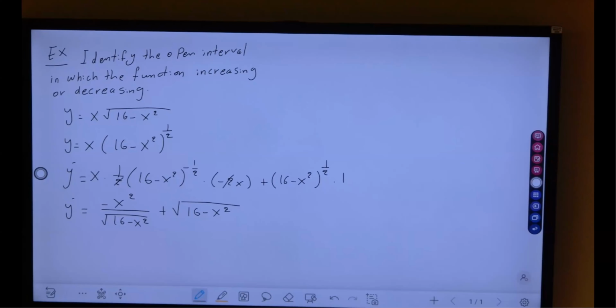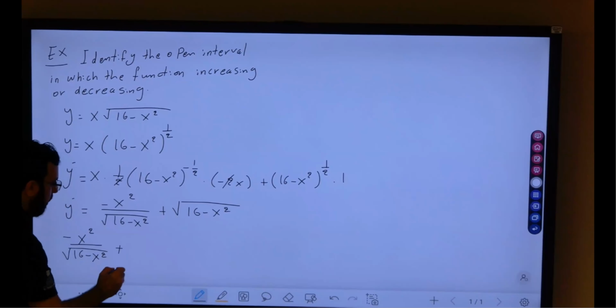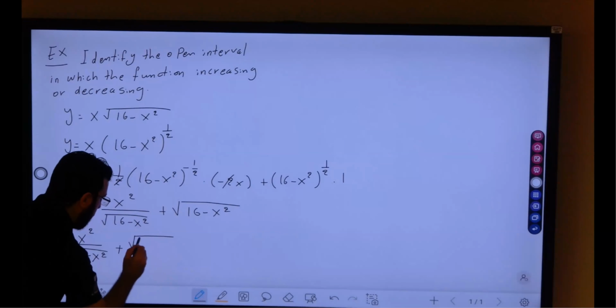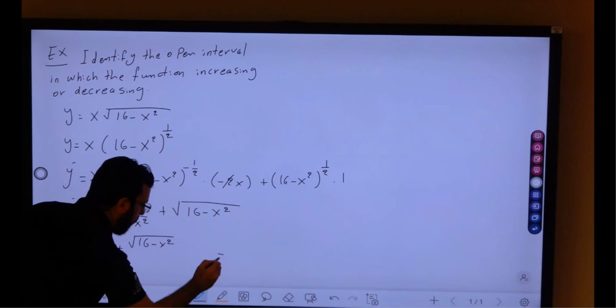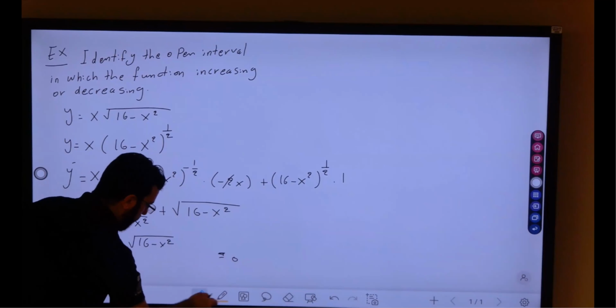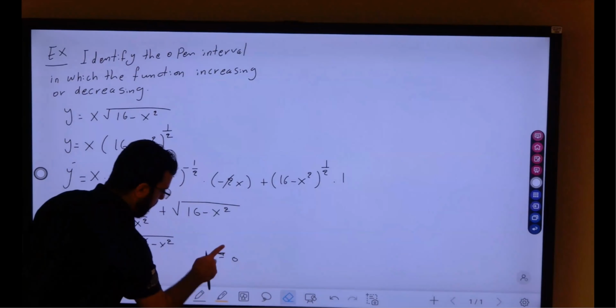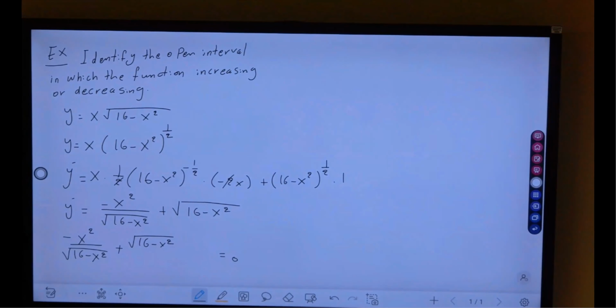Set the derivative equal to 0. So here is the derivative, plus. Well, what's the next step?